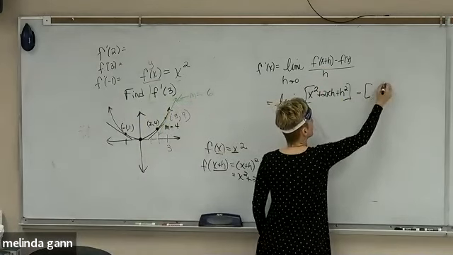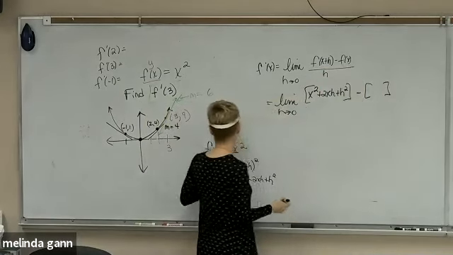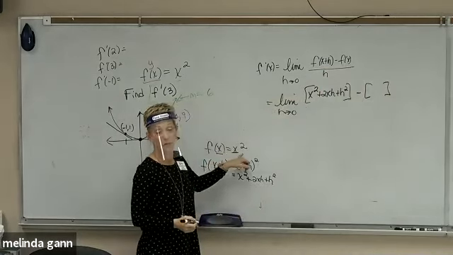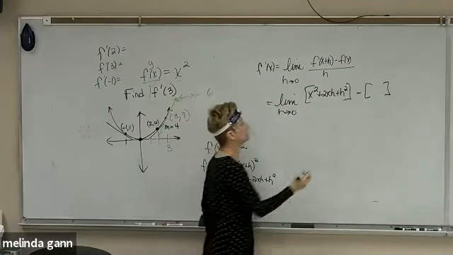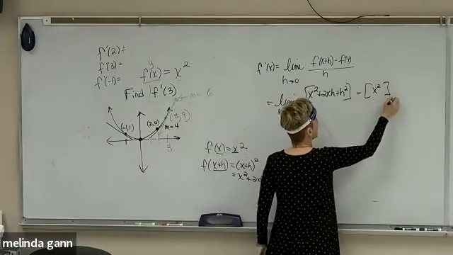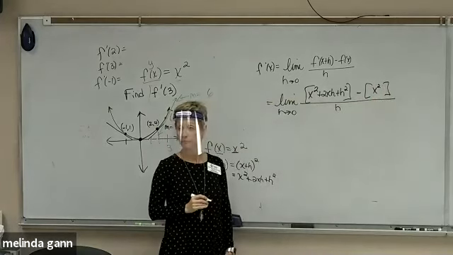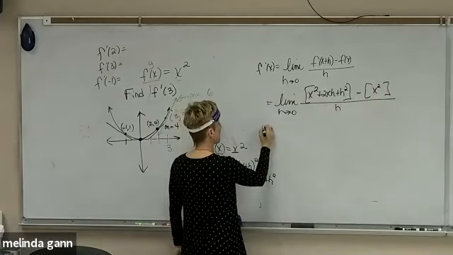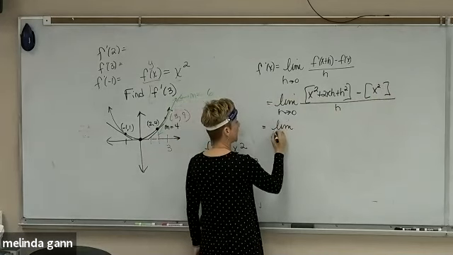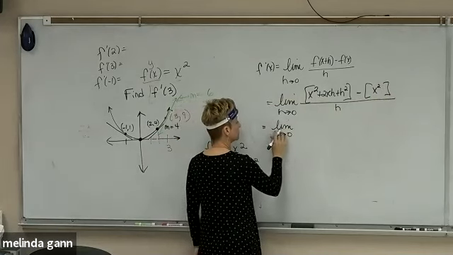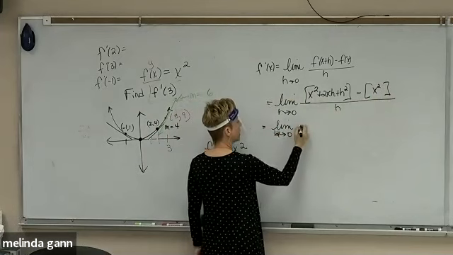Minus. Well, now what's f of x? F of x was just x squared, all over h. Now, again, is that first bracket really doing me any good? So I just drop it off.